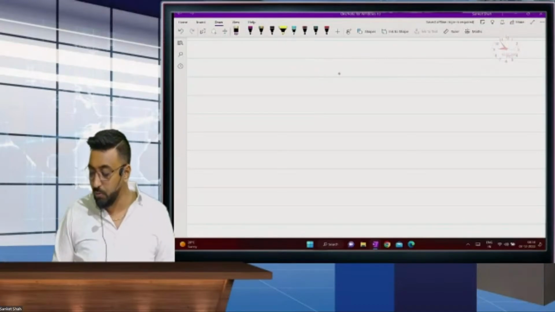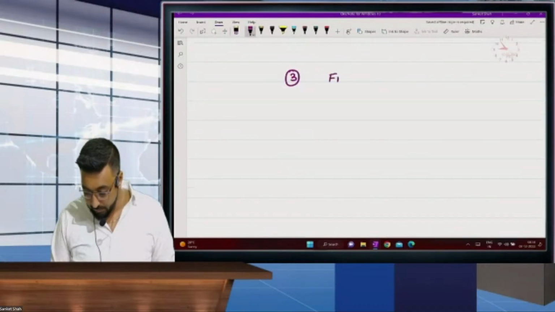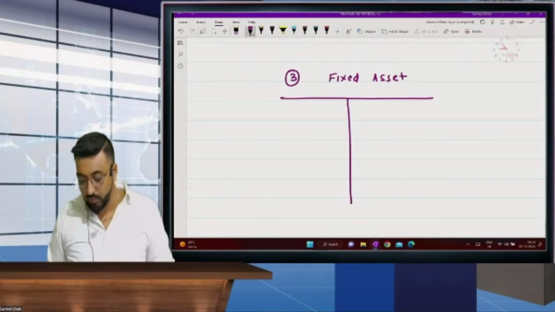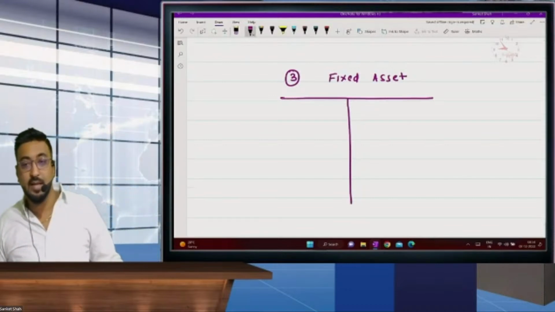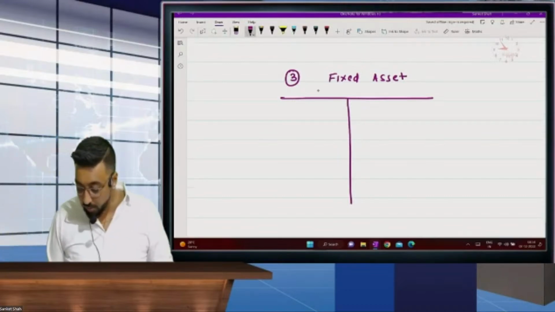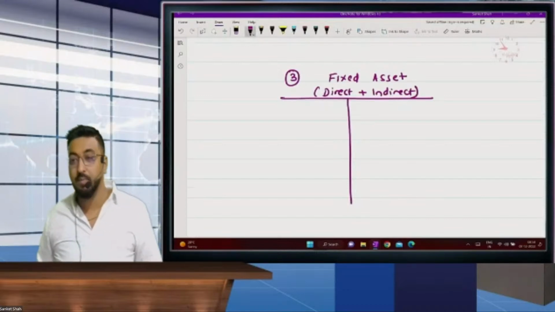Now next pro forma, beta. Yes, sorry. Third pro forma, fixed asset. Write down fixed asset pro forma. Now this pro forma is for direct plus indirect method, for both direct plus indirect.